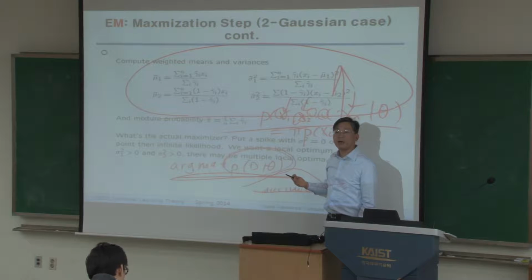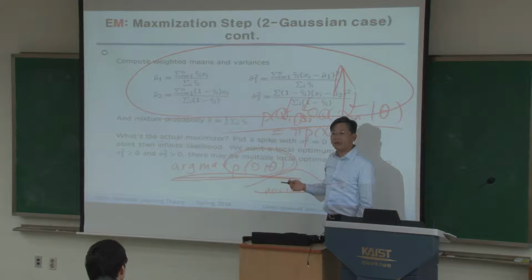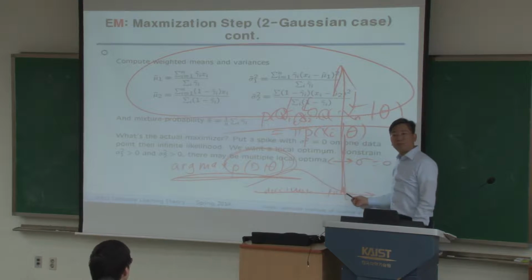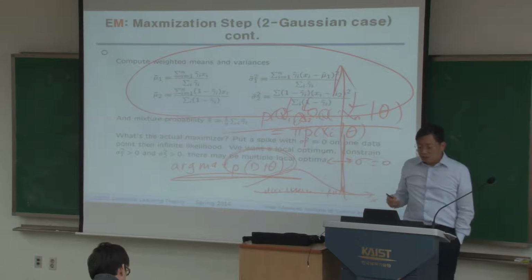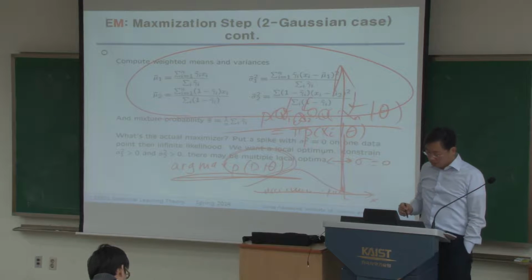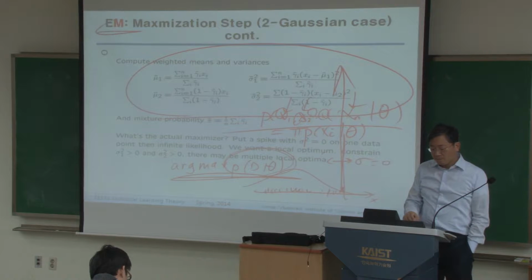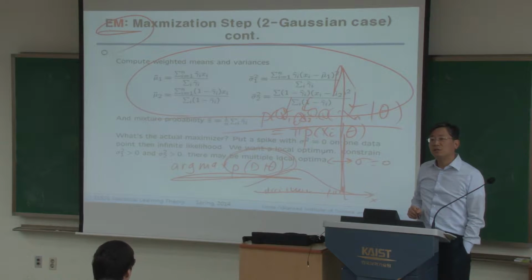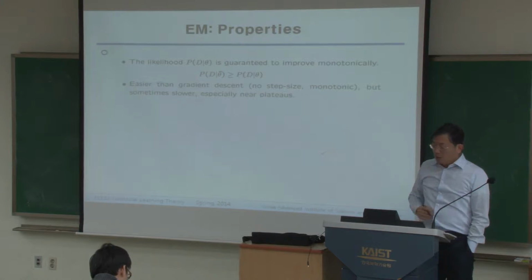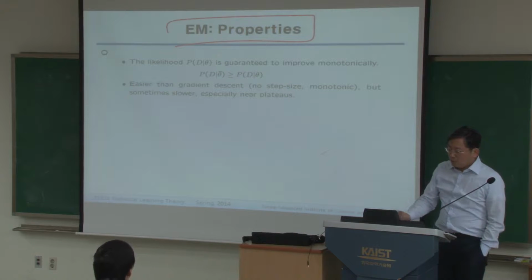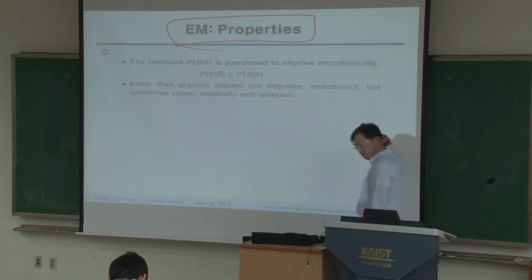Is that good or bad? That's bad. That's overfitting on one of them. And that's not what you want to do. So EM can overfit. Some properties of EM, we'll go through some of them.